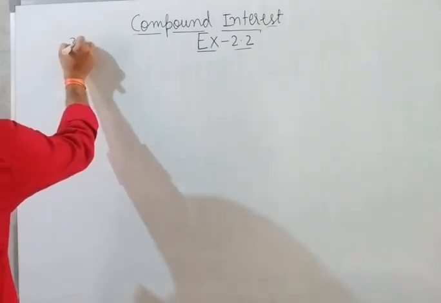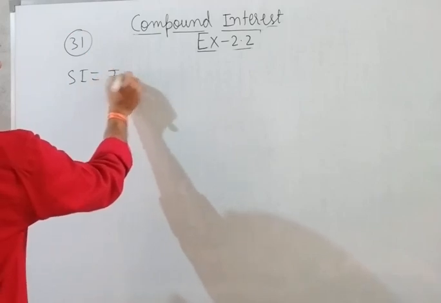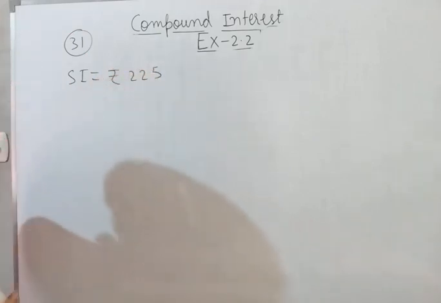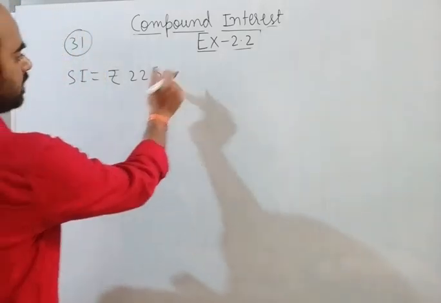In 31 what is given? Simple interest is given rupees 225, for 3 years.